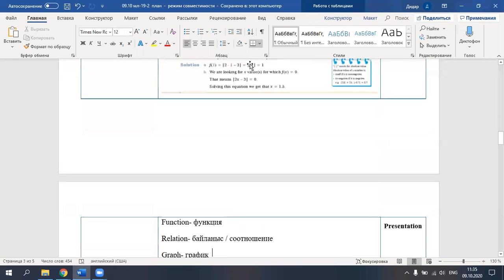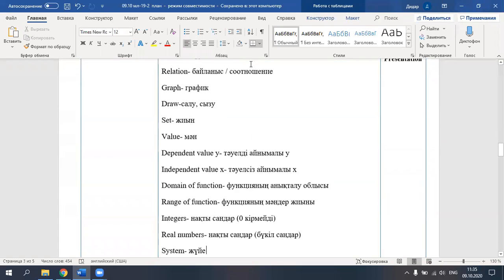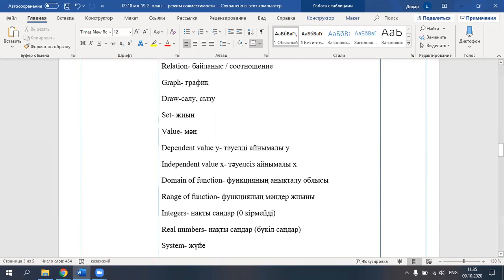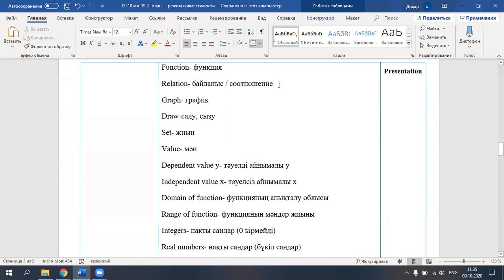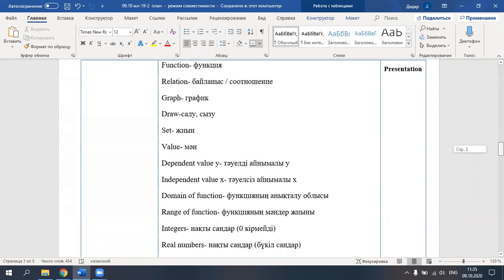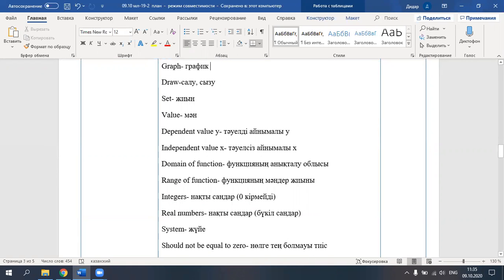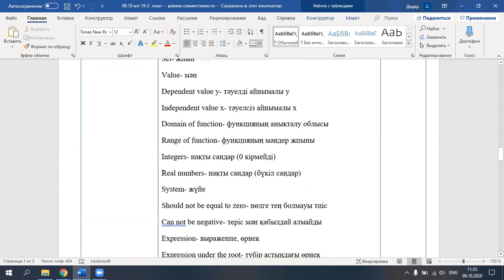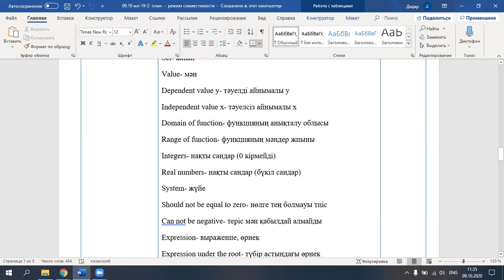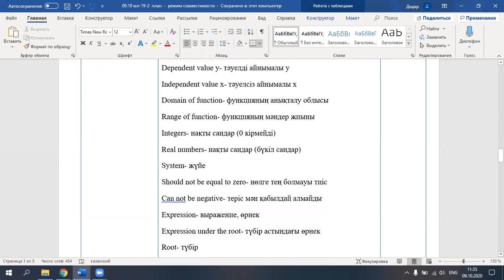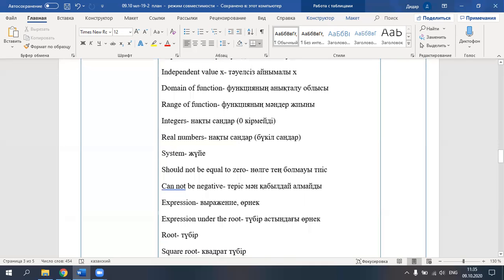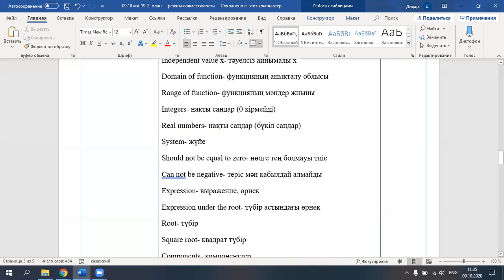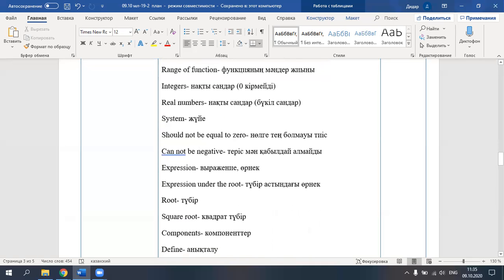Қайталасақ, қолданған ключевой сөздер, keywords: function, конечно же, function and relation, relation, graph, функцияны біз әлі сызамыз. Draw, set, value, dependent value мен independent value өте маңызды. Dependent, independent, domain, жаңағы айтқан domain of function, range of function, integers, real numbers, system.